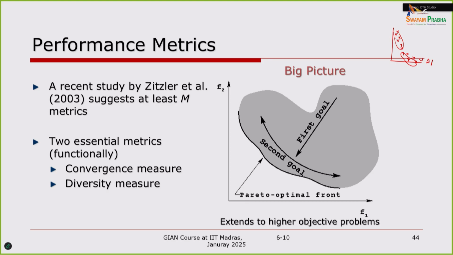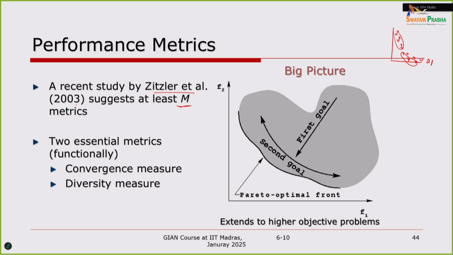In fact, a group of researchers in 2003 came up with saying you need M metrics, you cannot have one metric. You compute M metrics, and then together these M metrics say something about which is better. They are very difficult to use. Theoretically they are fine, but again, I look at things functionally, being an engineer. So I look at what the goal of multi-objective optimization is. The first goal is to converge.